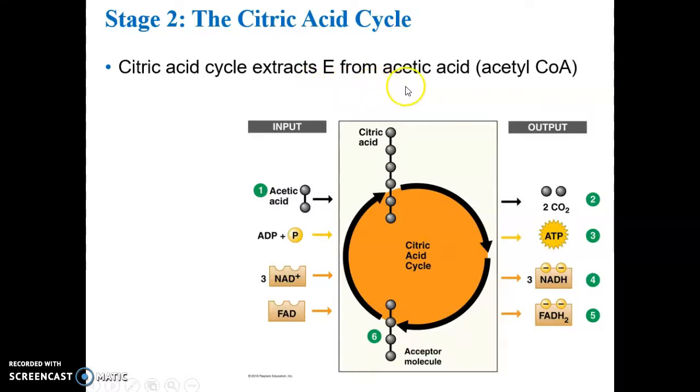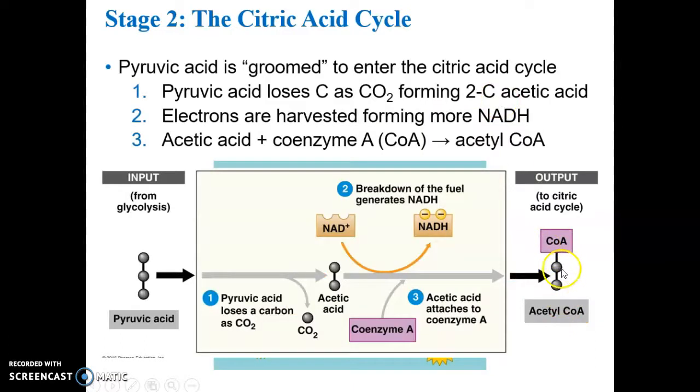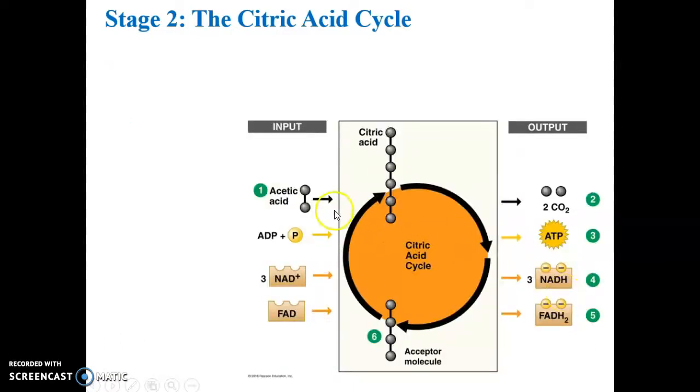And remember that that acetic acid or the acetyl-CoA is what enters into the citric acid cycle. The acetyl-CoA has only 2 carbons, okay? But it latches onto a precursor, a pre-existing molecule that's 4 carbons long. So 4 plus 2 makes a 6 carbon molecule that works through the citric acid cycle. Okay?